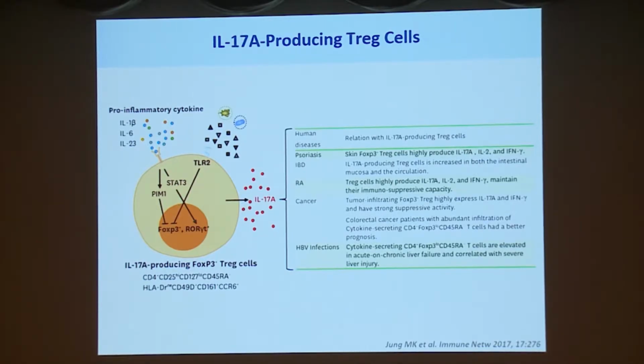And then, as a consequence of down-modulating FOXP3 and upregulating ROR gamma t, they can produce IL-17A. It is also well known that not only in psoriasis and inflammatory bowel disease, but also in HBV infection and in some cancer patients, this kind of IL-17A producing Treg cell was reported.